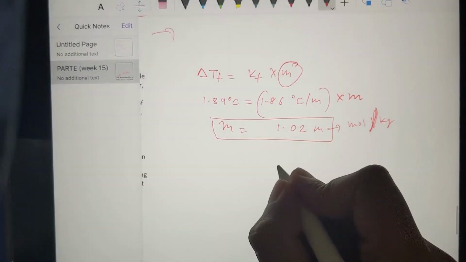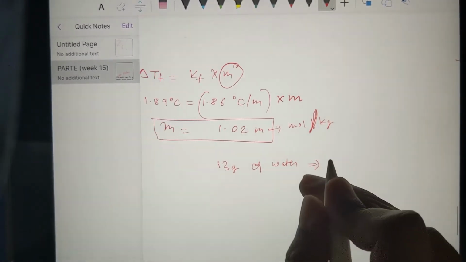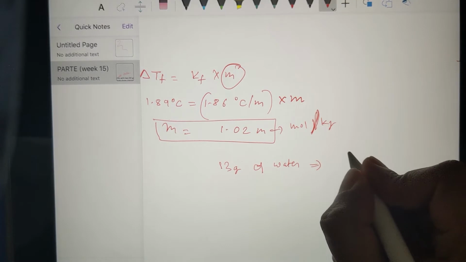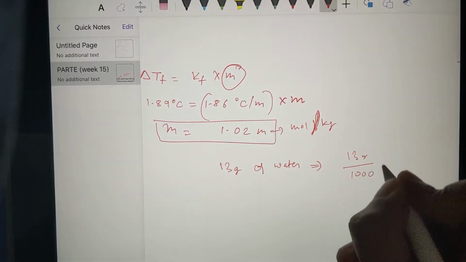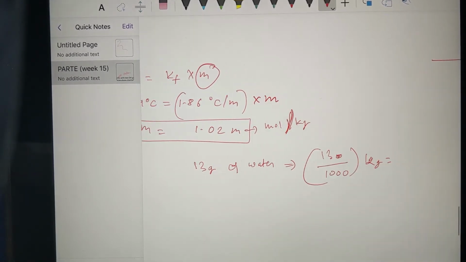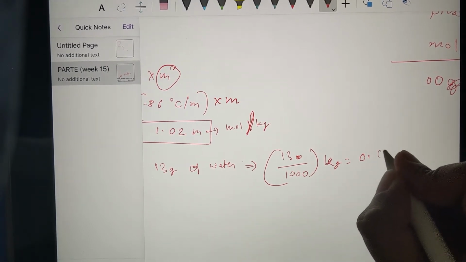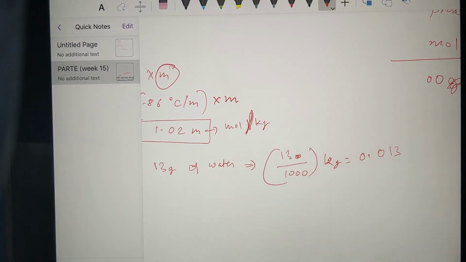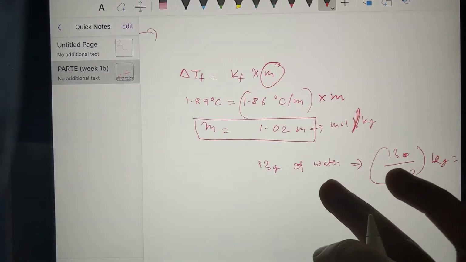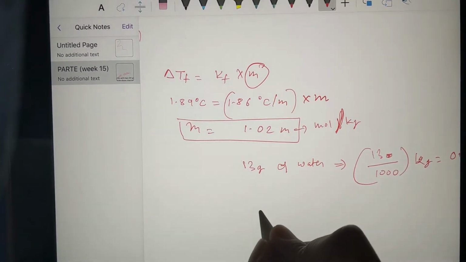So first you need to convert it to kilograms, which is going to be 13 gram divided by 1000 kg, which is 0.013.